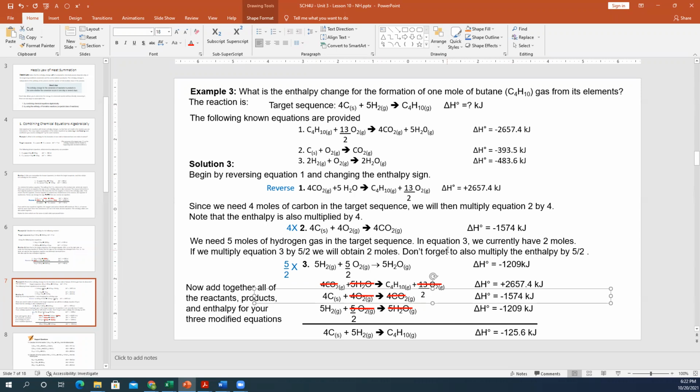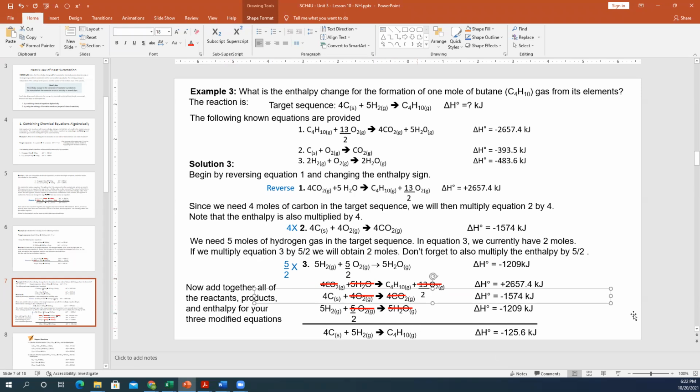If we multiply equation 3 by 5 over 2, then we will get 5 moles. And don't forget that we have to multiply the enthalpy also by 5 over 2. So we multiply the equation by 5 over 2, and we end up with 5 H2s, 5 over 2 O2s, and 5 H2Os.